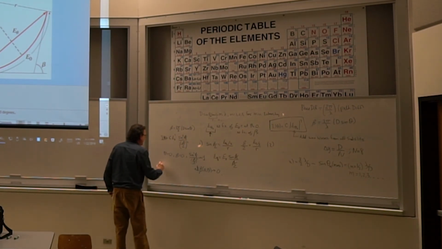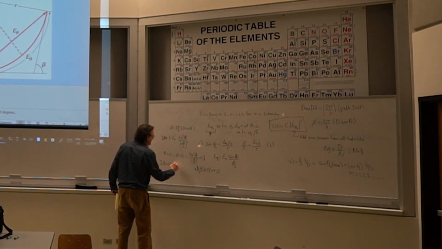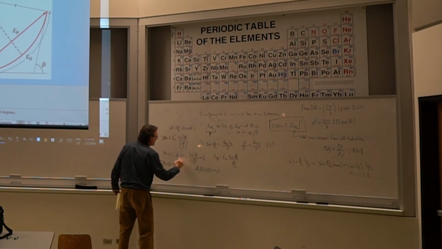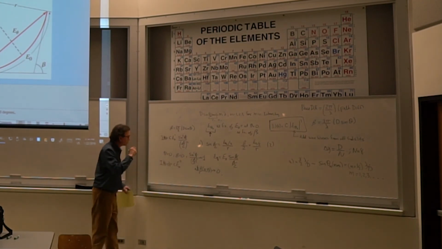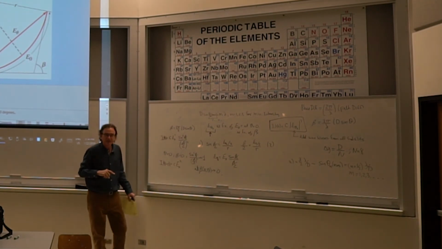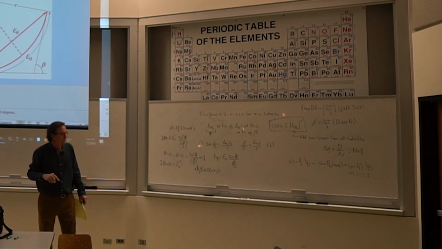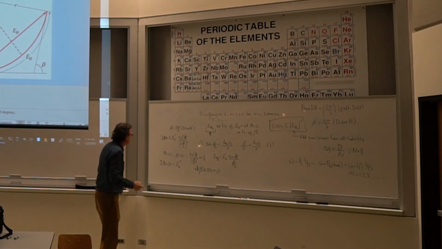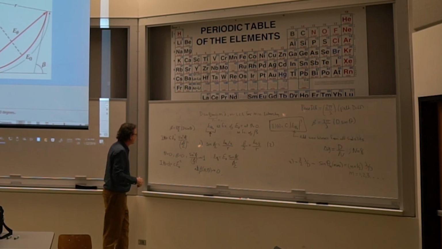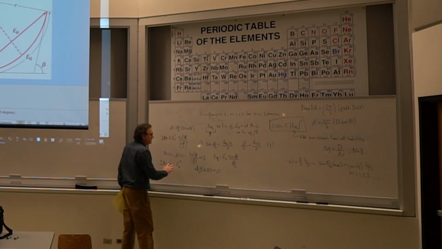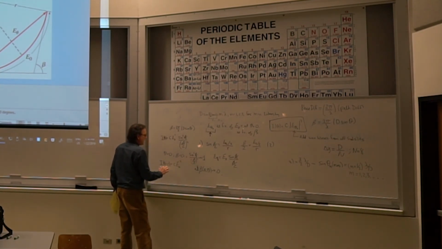So the intensity at theta equals 0 is equal to C times E0 squared. Remember, E0 is the resultant amplitude at theta equals 0. Because I've evaluated this at theta equals 0, this term goes to 1. So this quantity here is just the intensity at theta equals 0.